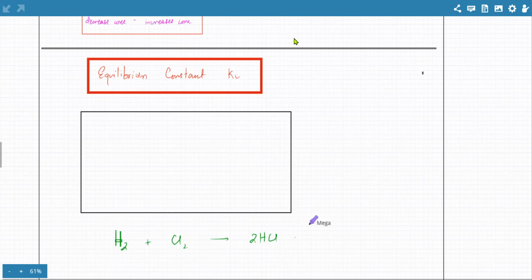So there's going to be a forward reaction. Initially, the red dots are H2, the green dots are Cl2, and the blue dots are HCl. I'm going to add two blue dots, since two molecules of HCl are produced. So let's say initially I added lots of H2 and lots of Cl2 in my container.